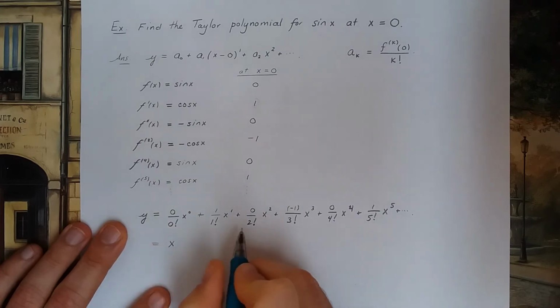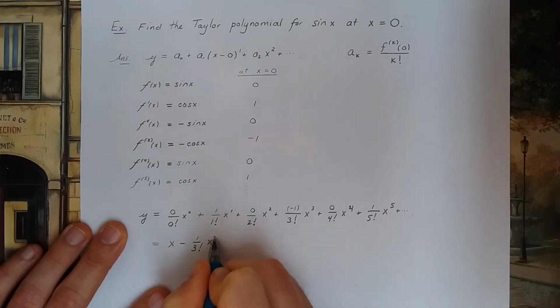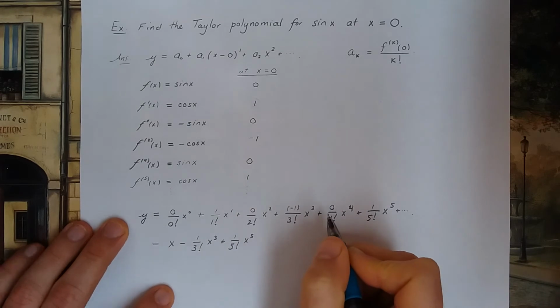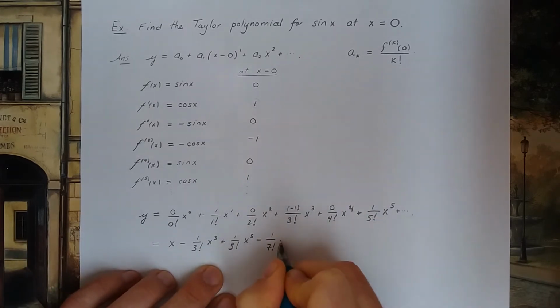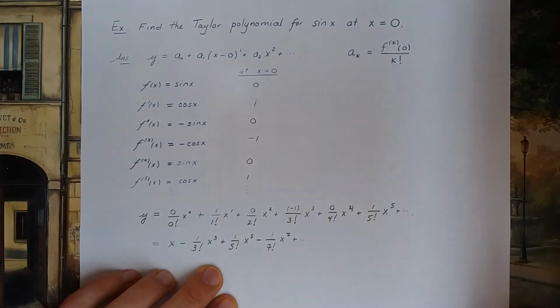So I'll just write those down. I have x minus 1 over 3 factorial x to the third, plus 1 over 5 factorial x to the fifth, minus 1 over 7 factorial x to the seventh, and this keeps going.